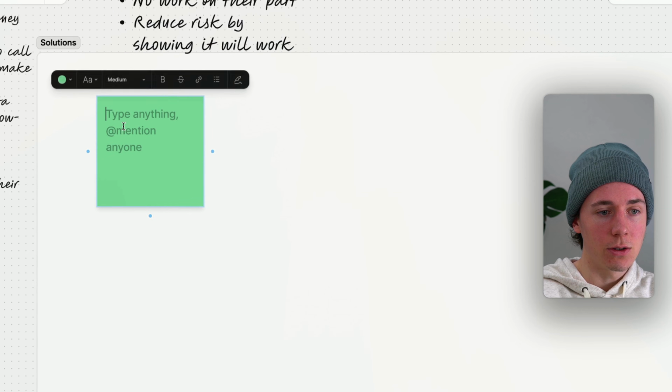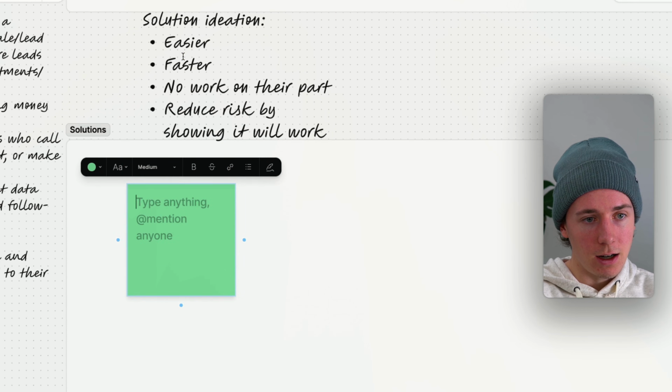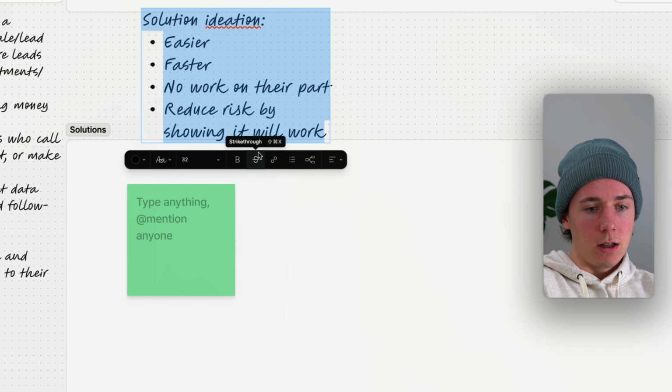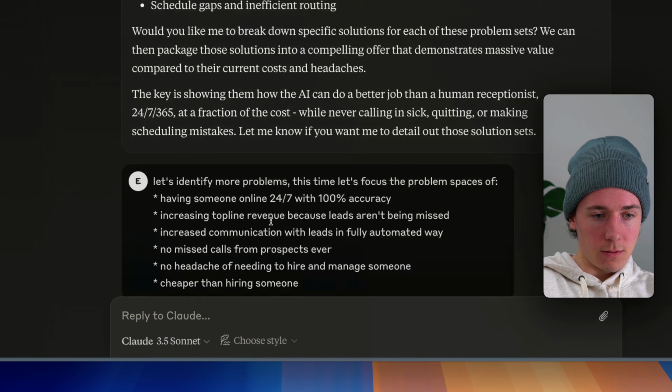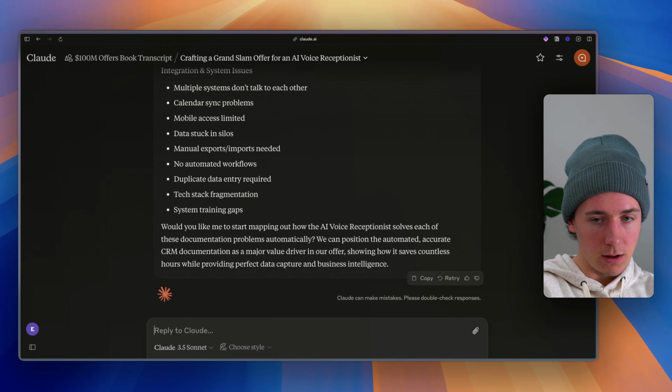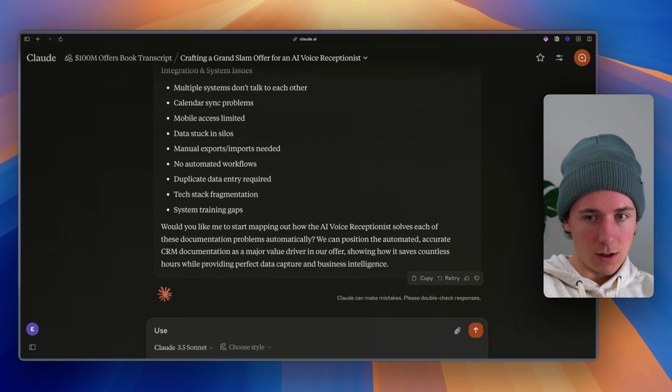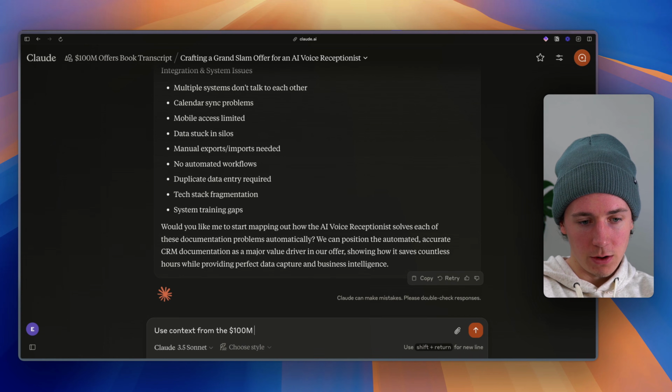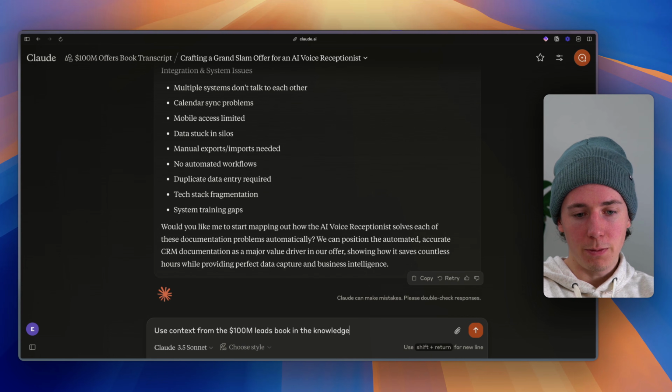So the solution statement is going to be something like, all right, we're going to say, use the following context from Alex from the $100 million leads book in the knowledge base.